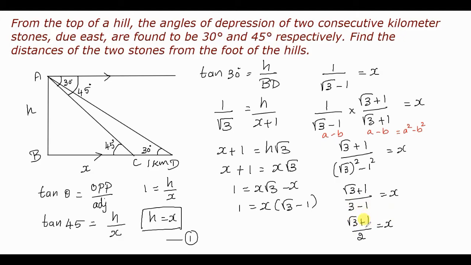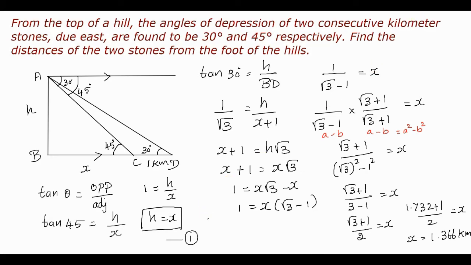Now substitute the root 3 value here. We all know it is 1.732, plus 1, divided by 2 will be your x value. After simplifying, we will get x equal to 1.366 kilometers. x is nothing but the distance from the hill to the point C. The question asked us to find the distances of the two stones.